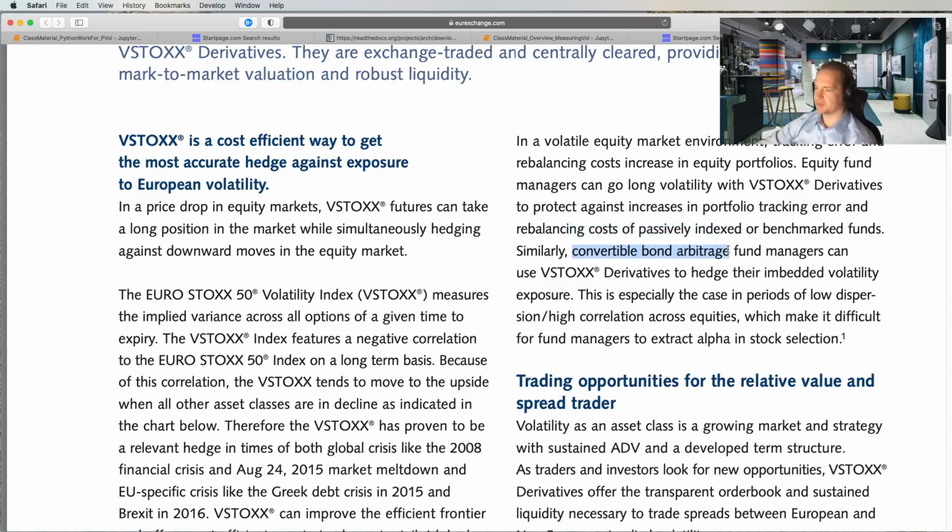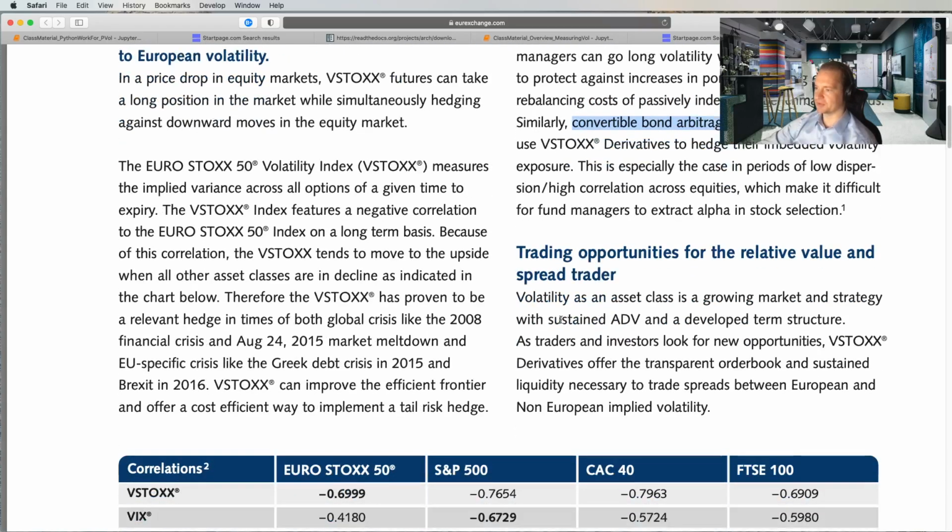Similarly, convertible bond arbitrage managers can use derivatives to hedge their embedded vol exposure. Trading opportunities: vol is an asset class, a growing market and strategy with sustained growth, and it has a term structure, because options have different maturities. As traders, investors look for new opportunities.